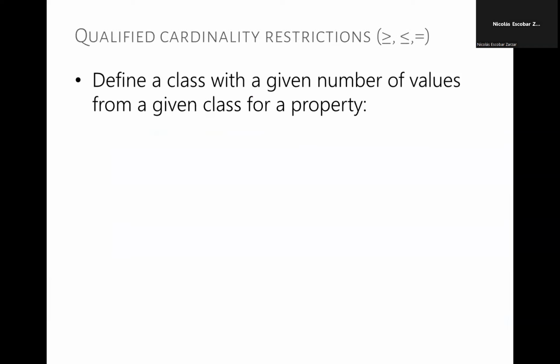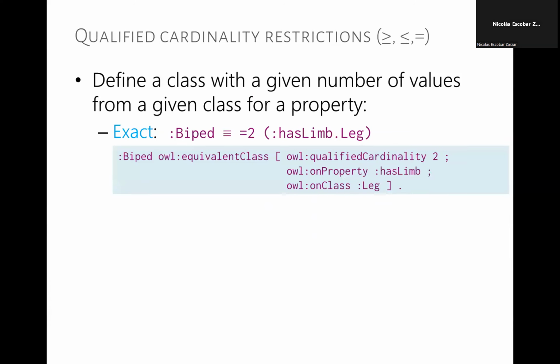We also have qualified cardinality restrictions where we only count the values that are in a certain class. So we add an extra level of detail, which is the class of things that we're going to count as values. So for example, a biped is something with two legs, but your arms are not counted.